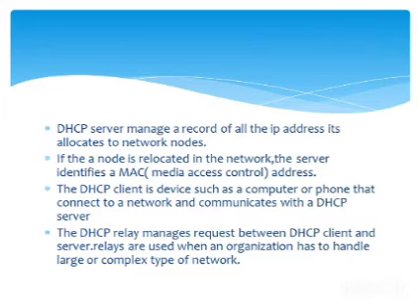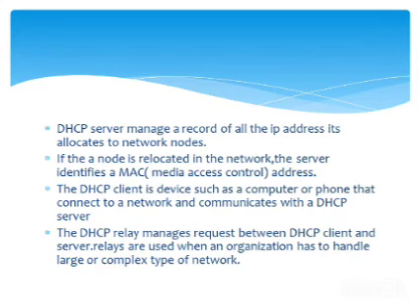Second thing, if a node is relocated in the network, the server identifies the MAC address, which is called media access control. It is the physical address of the device, maybe like a laptop, desktop, server, and networking devices, right?